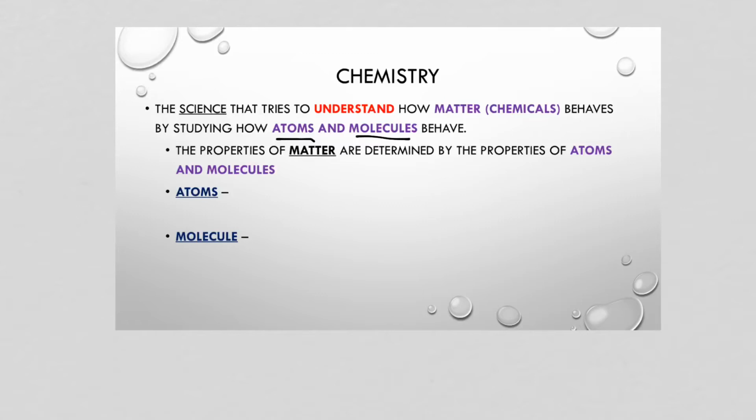So one key aspect here is to understand that the behavior of what we think of as stuff or matter, right, in the bulk sense, is determined by the behavior of the atoms and molecules that ultimately make up that material.